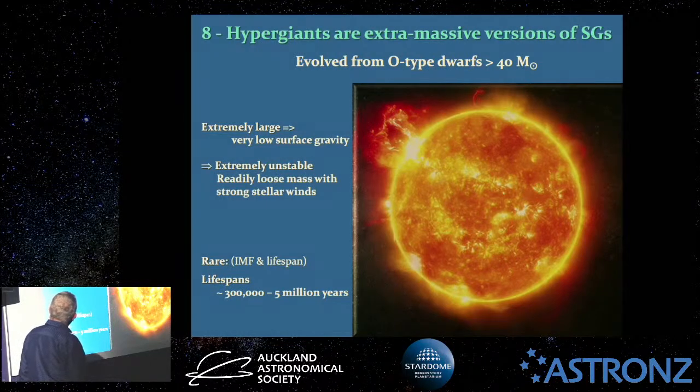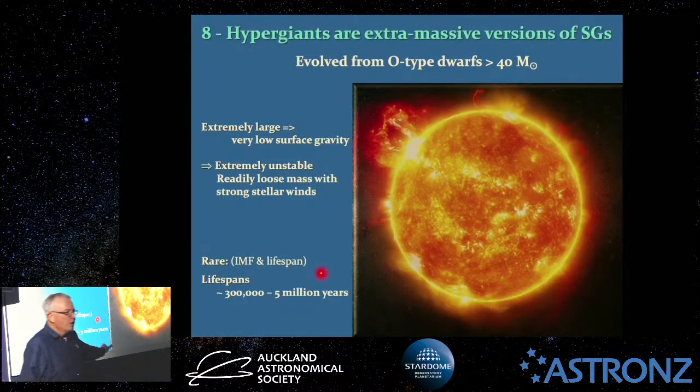So hypergiants, yeah, that's a word you'll see here. They are the biggest mass of all the massive stars, and they've evolved from the O-type dwarfs of more than 40 solar masses, which makes them very unstable. Extremely large, low surface gravity, and strong stellar winds with a lot of mass loss. Once again, very rare. Why are they rare? The IMF stands for not International Monetary Fund.